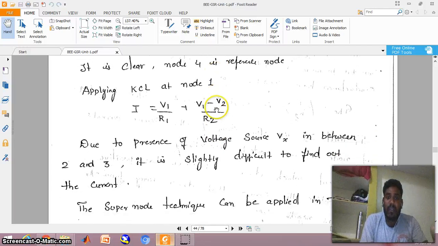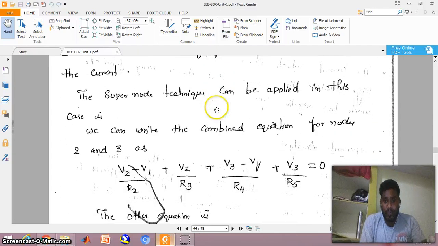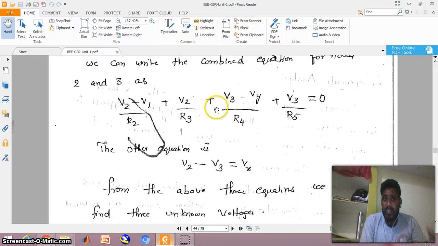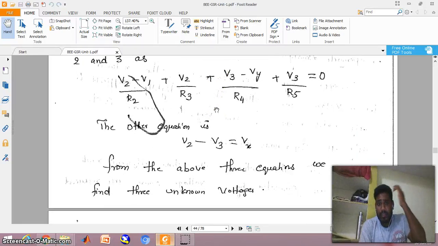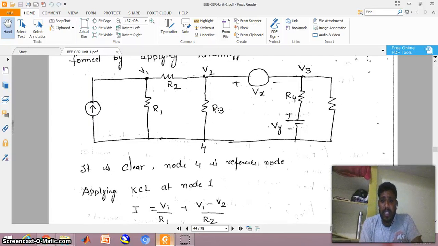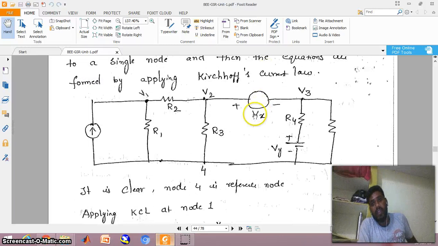We can't find the unknown values, so we write another equation, which is taken as the Vx value. V2 is the high potential, V3 is the low potential. That is the reason V2 minus V3 is equal to Vx.